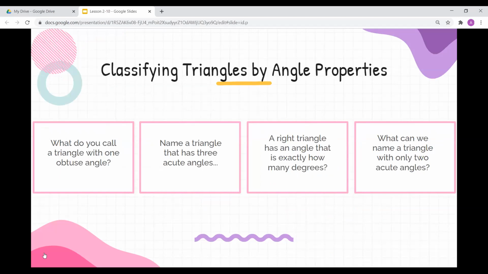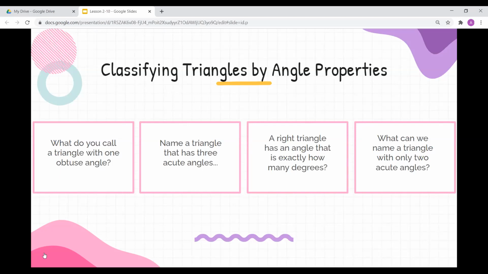Take just a moment to look at the 4 questions below to see if you can classify some triangles by their angle properties. Write your answers down in your personal journal, and then we'll check to see if you're correct. First question, what do you call a triangle with one obtuse angle?